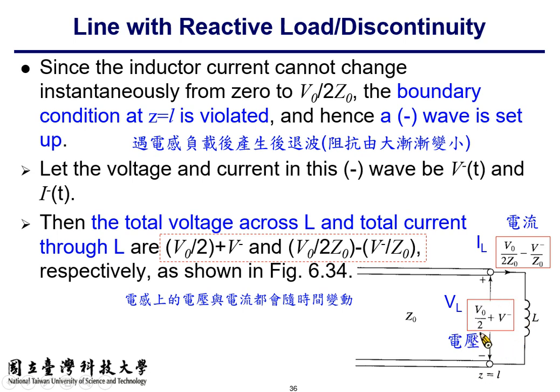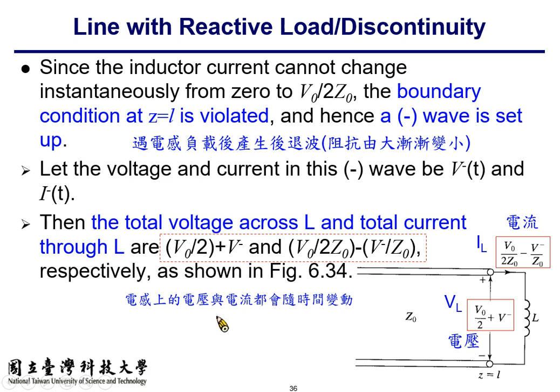The total voltage here is V sub 0 over 2 plus V minus, and the total current is here. So far, we still do not know the exact solution for the V minus signal, right?